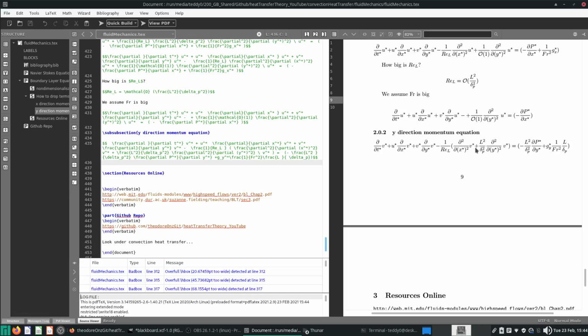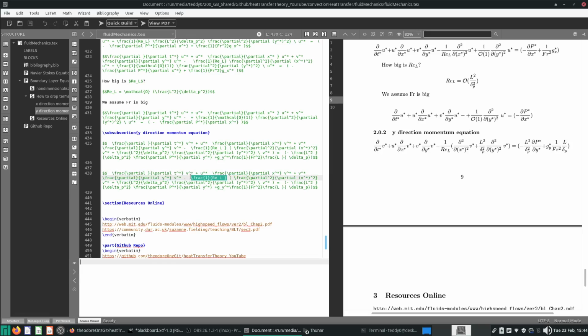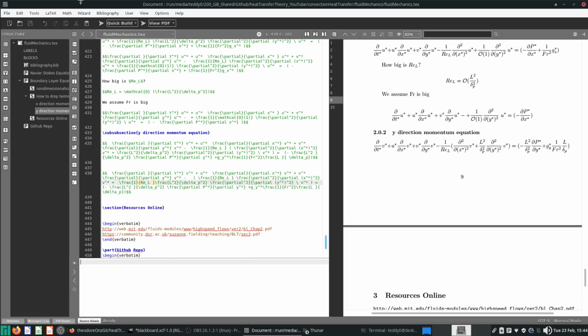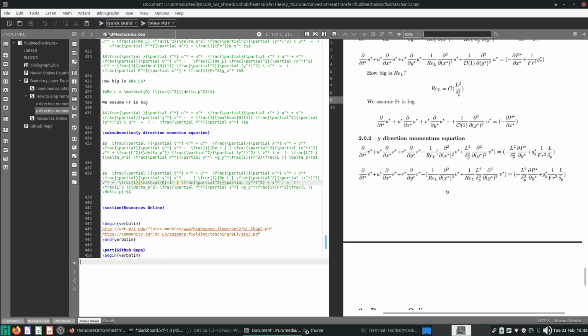This term here will disappear for a similar reason. 1 over REL, and basically I'm just bringing this term in, and this will reduce to some order of magnitude of 1, which is again very convenient for us.